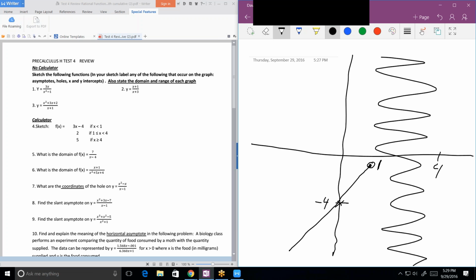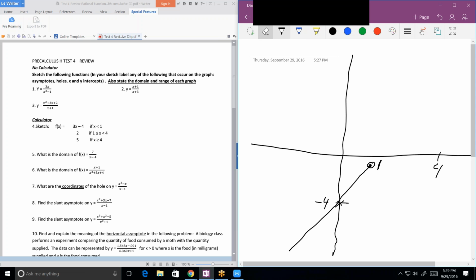What's the graph in that area according to the function? It just says 2, so should it just be a straight line? Horizontal line. Make sure you know the difference: horizontal lines are y equals a number, vertical lines are x equals a number.